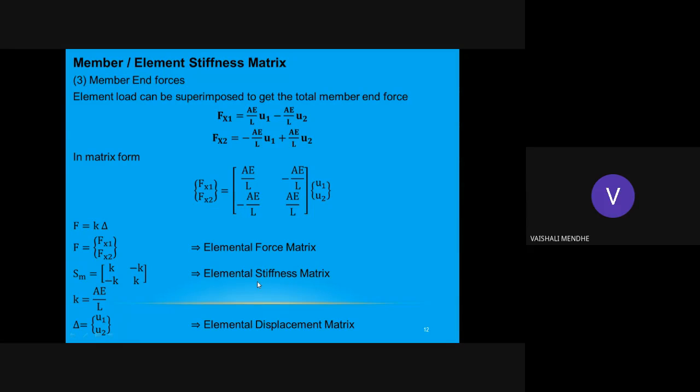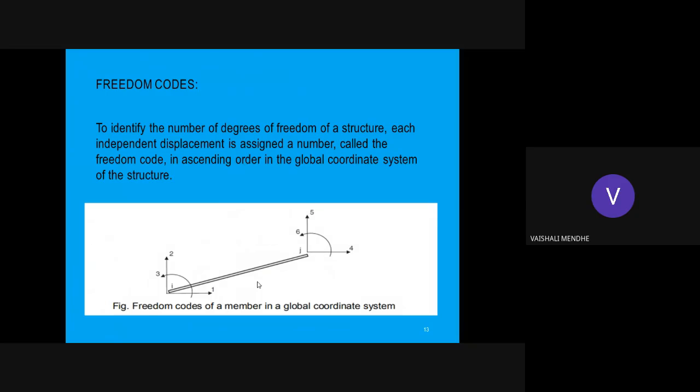Before taking the second and third derivation, there is one term, the freedom code. First we'll understand this term, and then we will go for the second and third derivation. This is the one term you should know when we are going to analyze a truss.